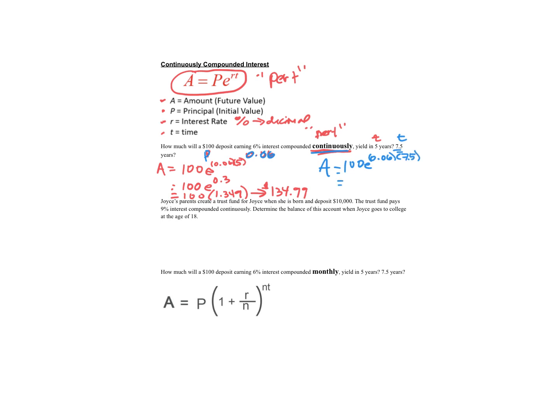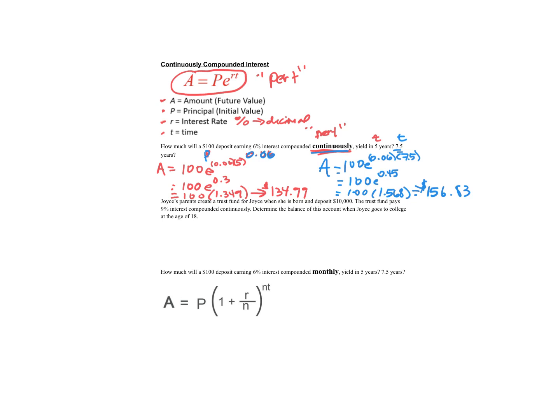I'm going to figure out what 0.06 times 7.5 is first, which is 0.45. And then we're going to end up doing e to the 0.45. Looks like it's 1.568. So that equals $156.83.